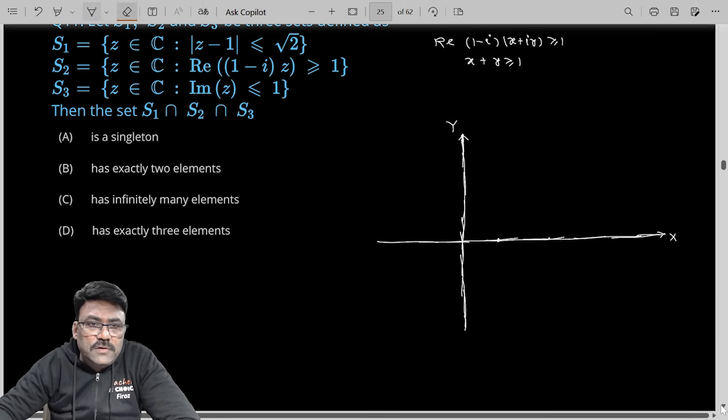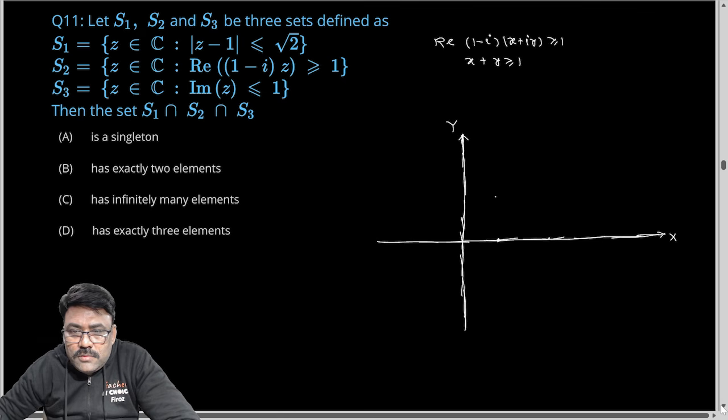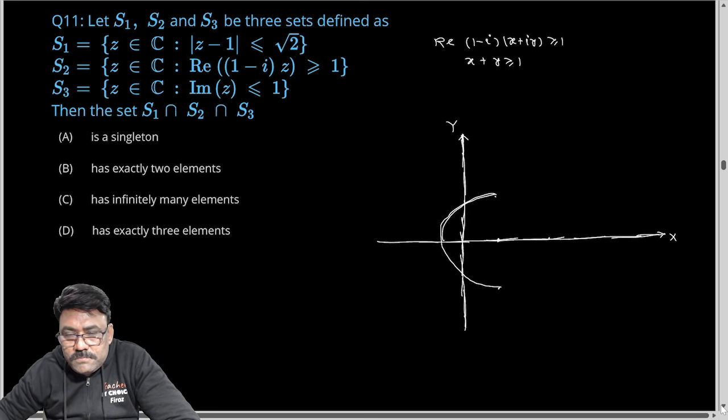So let's draw the circle having center at (1, 0), radius is root 2. So suppose this is the circle. This is the center, (1, 0), radius root 2 actually.